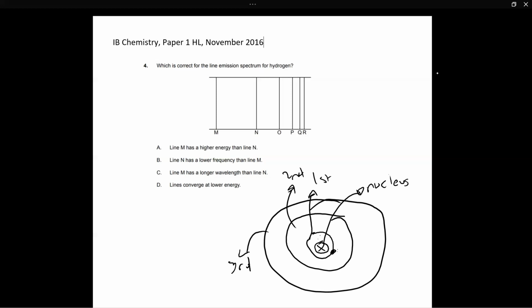The energy that it needed to get to the second shell is going to give that away, and it's going to drop down back to the first shell. And that energy that is given out, that specific energy, can actually correspond to a certain color being shown on a spectrum. And that is exactly what this is.